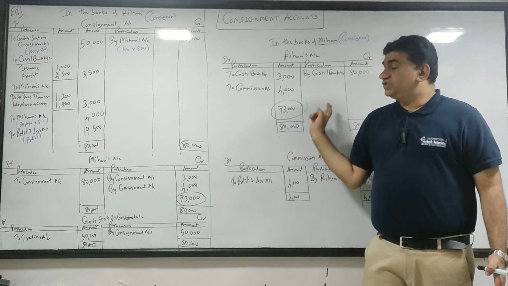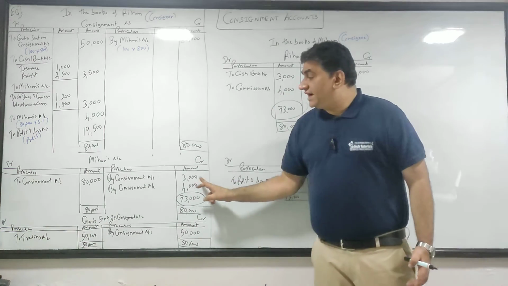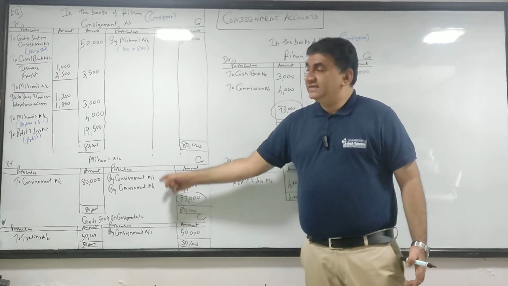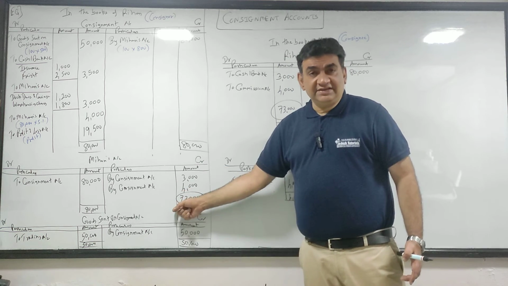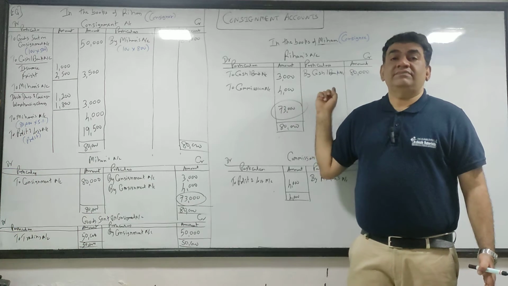Why debit side? Because credit is more. Why credit side? Because debit is more. The reason is this fellow has to recover and this fellow has to pay.